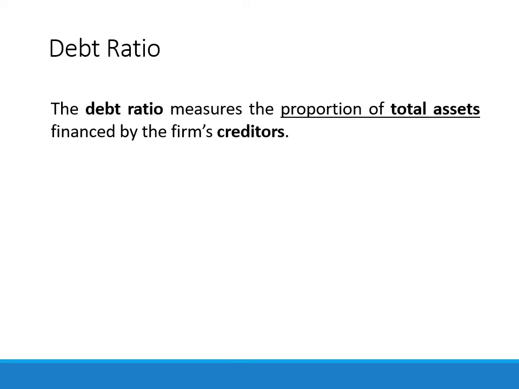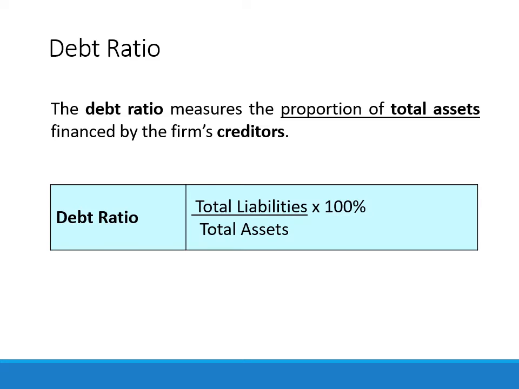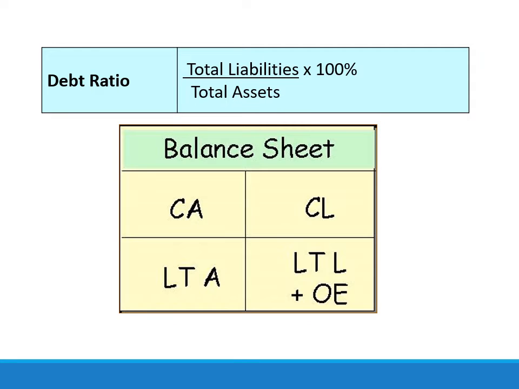The debt ratio measures the proportion of total assets financed by the firm's creditors. The formula is: debt ratio equals total liabilities divided by total assets times 100%.